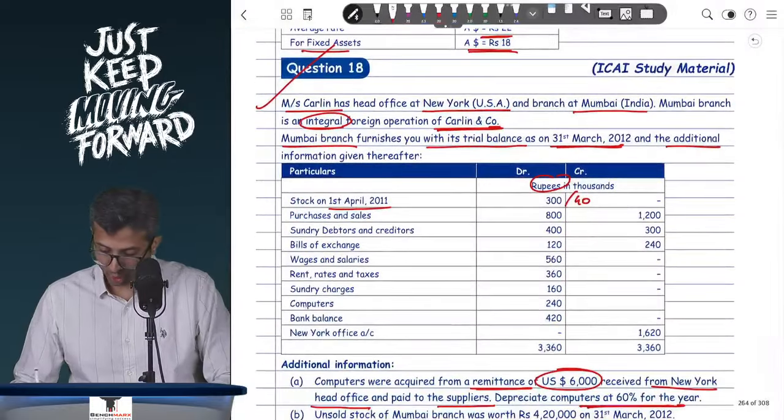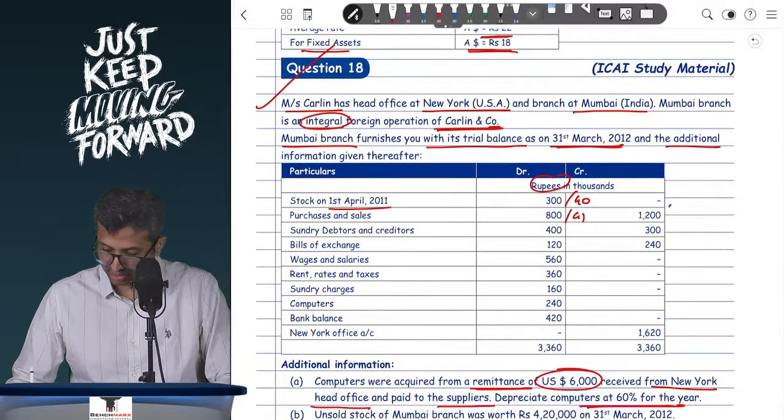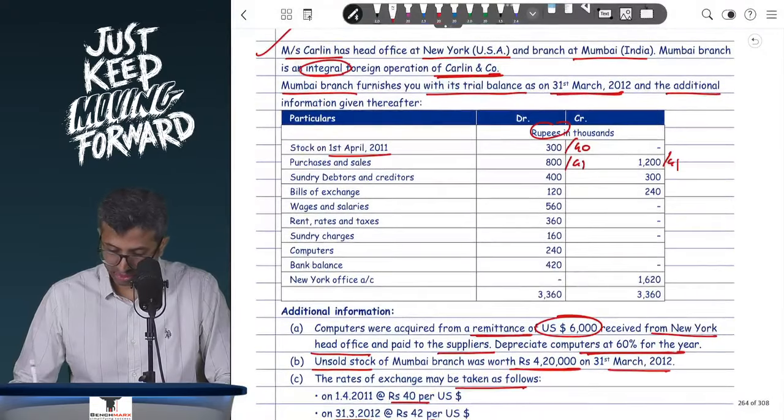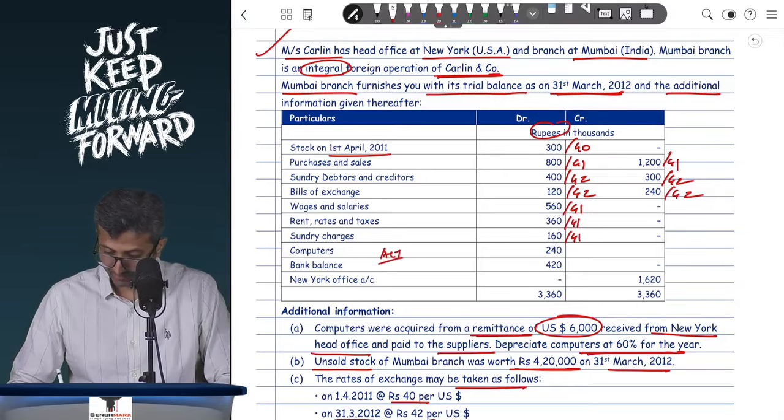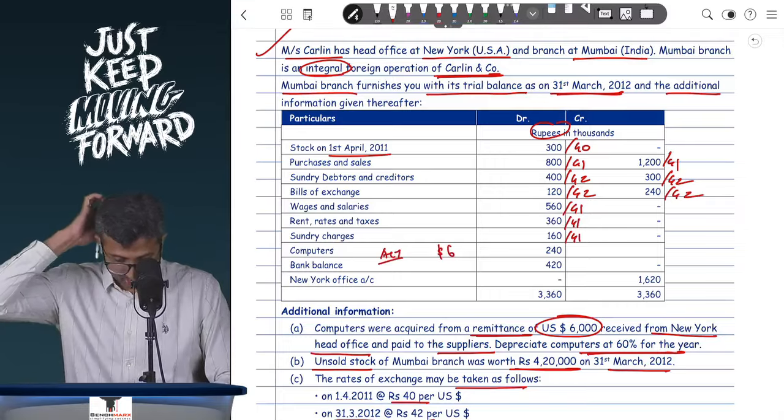So if I go to see purchases and sales, average 41, up to 2 decimals. Sundry debtors at closing 42, bills of exchange 42, wages and salaries average 41, rent 41, sundry charges 41, computer actual, if I do it in thousands, this is 6,000.